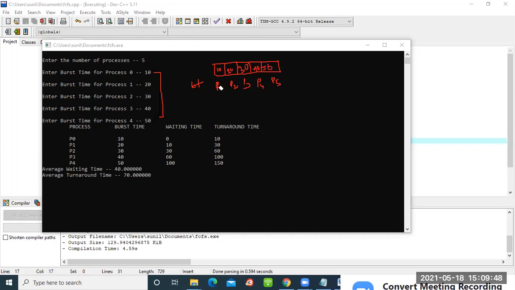Oh, it starts from P0, no? So let me write from P0. This will be P0, this will be P1, this will be P2, this will be P3, and this will be P4.